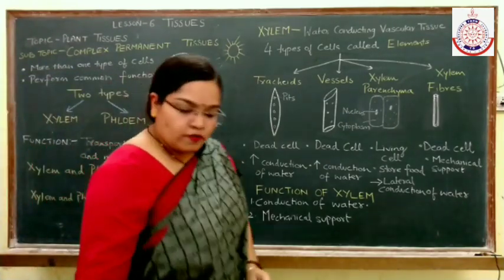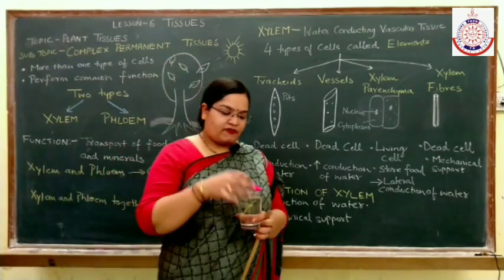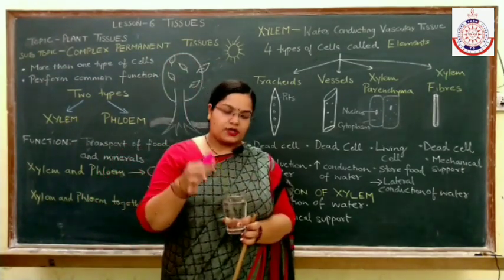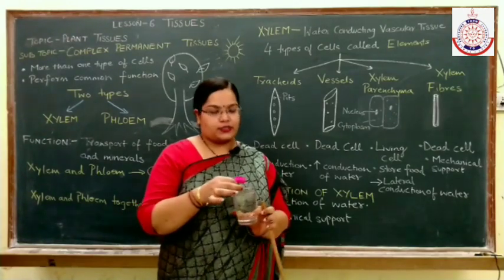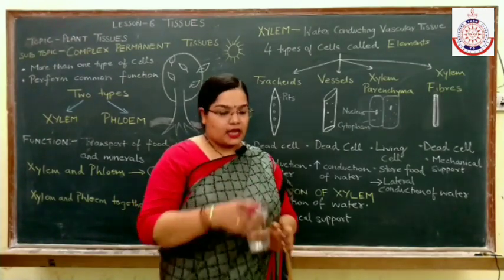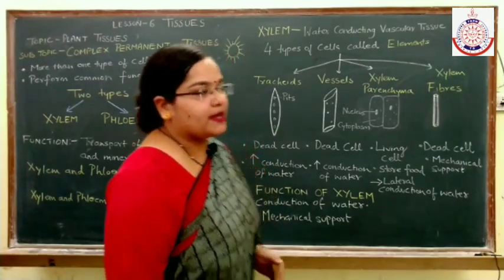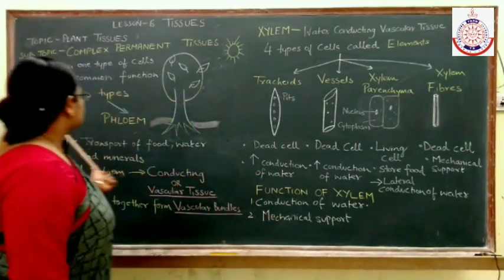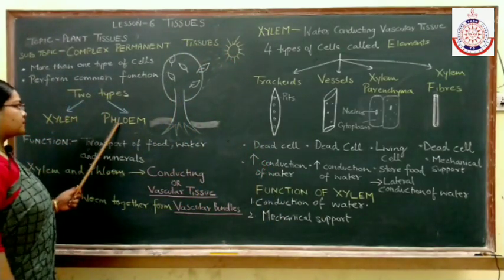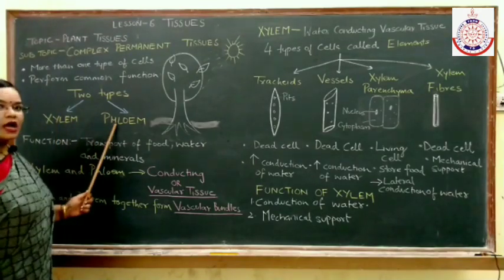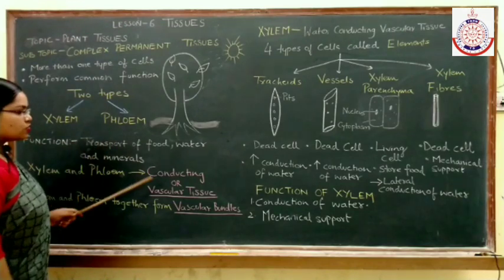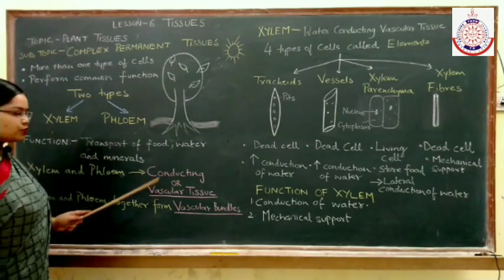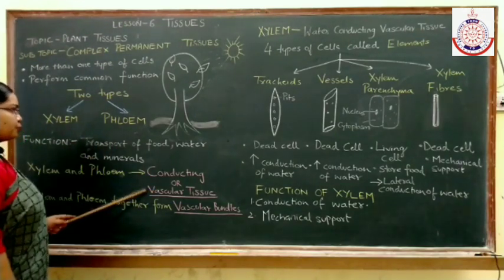Sometimes when we keep a flower in a glass, it does not have roots, but still it remains alive for a few days. How? The answer is complex permanent tissue, that is xylem and phloem. Xylem and phloem are two types of complex permanent tissue which are also known as conducting tissue or vascular tissue.